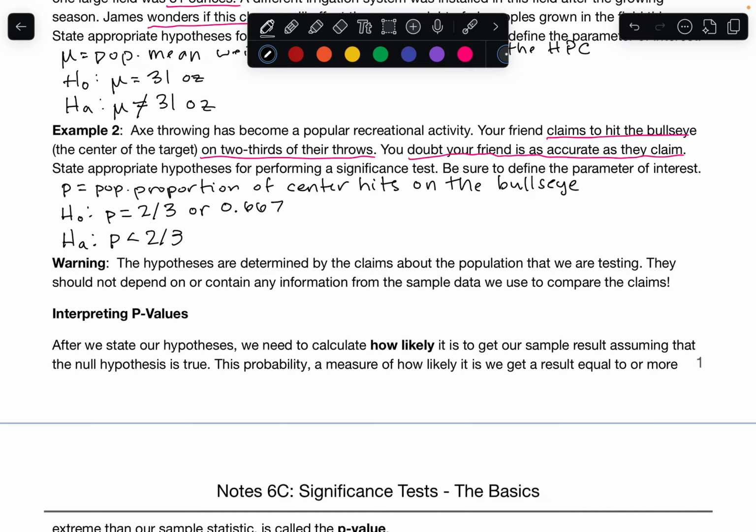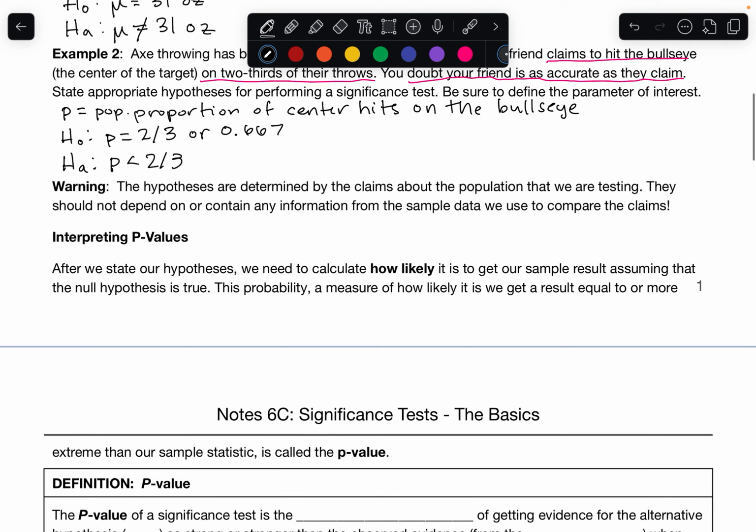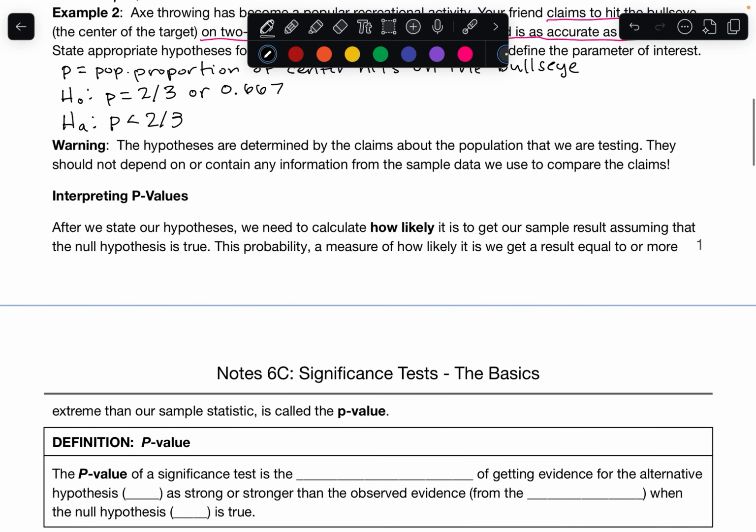Okay, so far we've set up the claims about the population we want to compare and test. And the question is, how do we do that? And the answer is we look at our sample data. And we're answering the question, how likely is it that I get a sample like the one that I did, assuming that the null hypothesis is true?